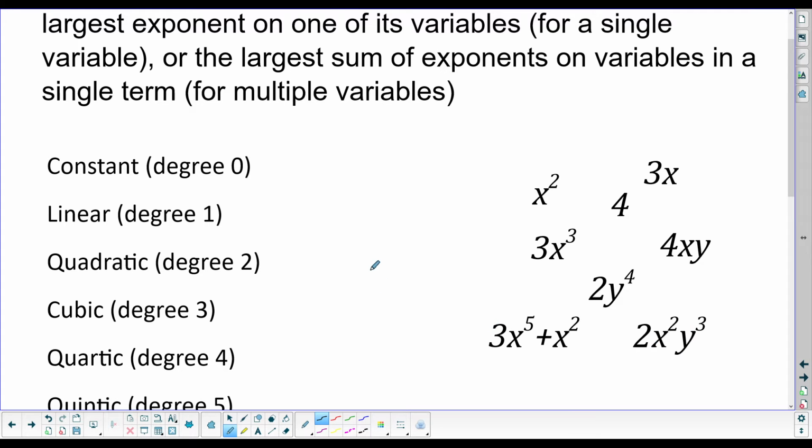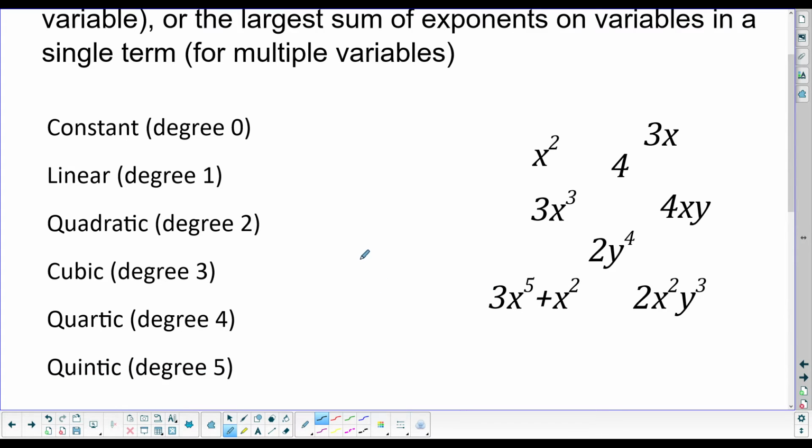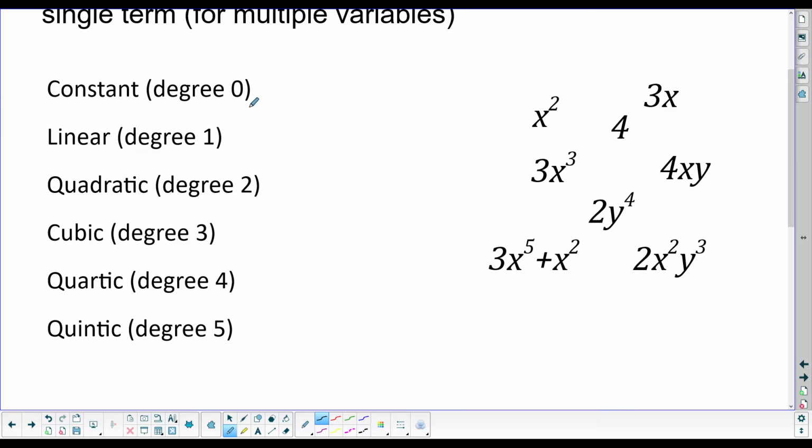Okay, so we talk about the degree, and then we have some specific names. If it's a constant, which means the degree is 0, which means it does not have a variable with it, we call that a constant. Okay, so degree 0, no variable, is a constant.